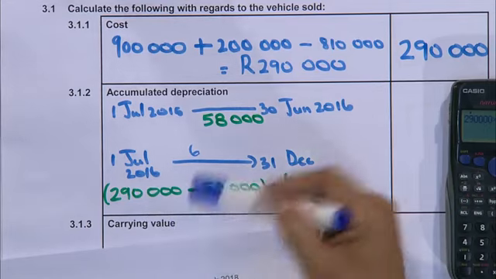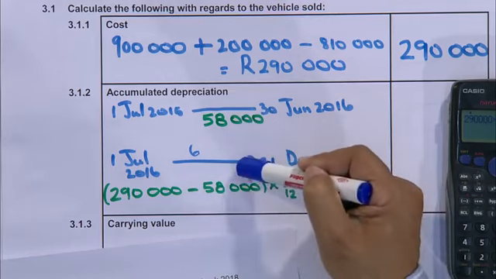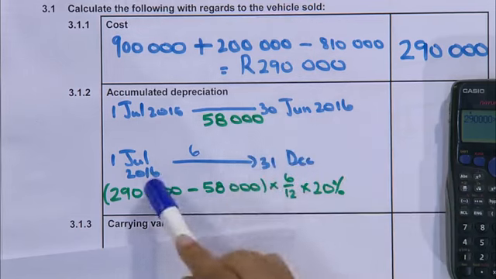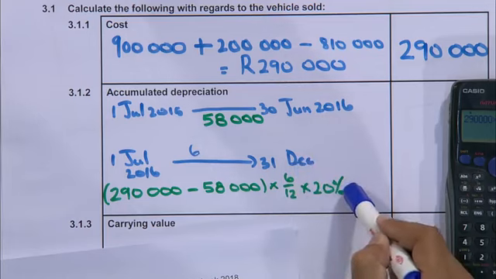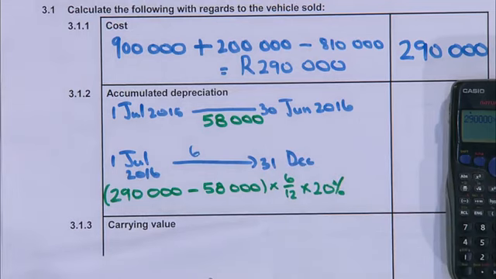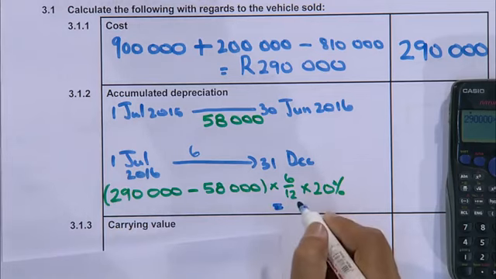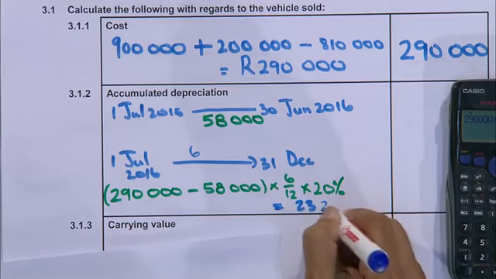The 58,000 is the previous year's depreciation, which becomes the second year's accumulated. Multiply by 6/12 because we're not having the vehicle for the whole year. We sold it in December, and the percentage is 20%. Right? So from the calculation over there, we should be getting an answer. Okay. Here we go. The answer for that amount is 23,200.